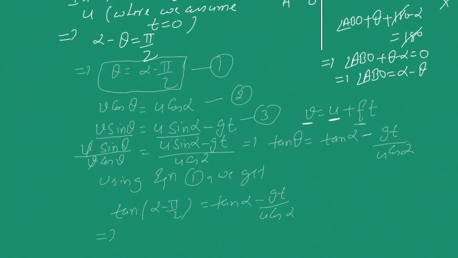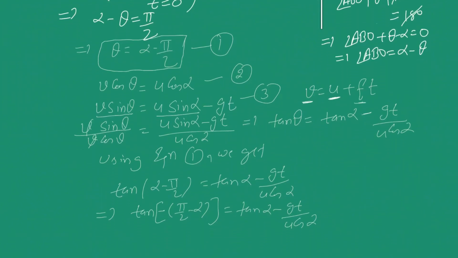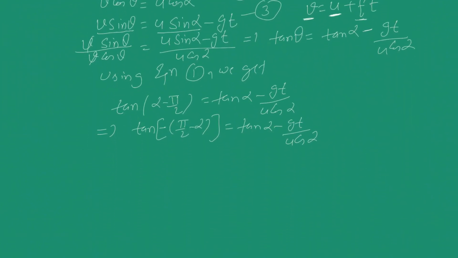This implies that tan of minus (pi by 2 minus alpha) is equal to tan alpha minus gt by u cos alpha.